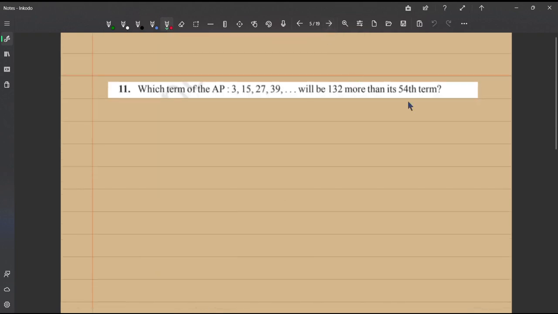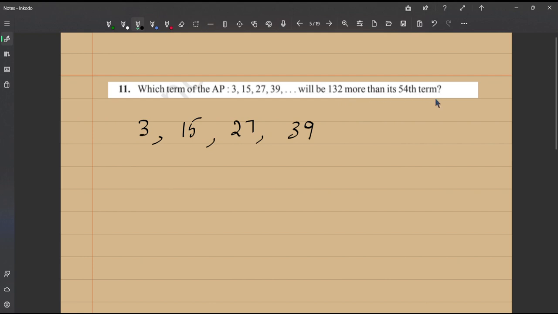Now the question is slightly twisted. It's almost similar. So let me write the arithmetic progression first. It's 3, 15, 27, 39. So, which term would be 132 more than its 54th term?